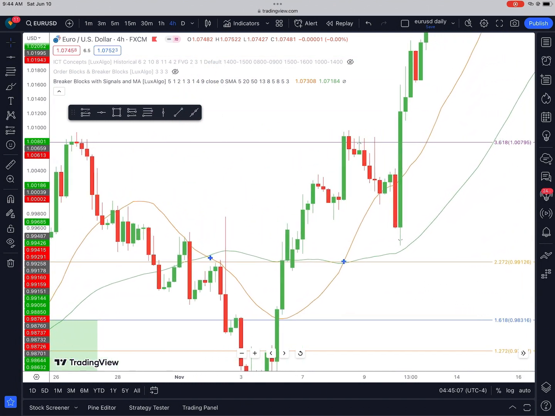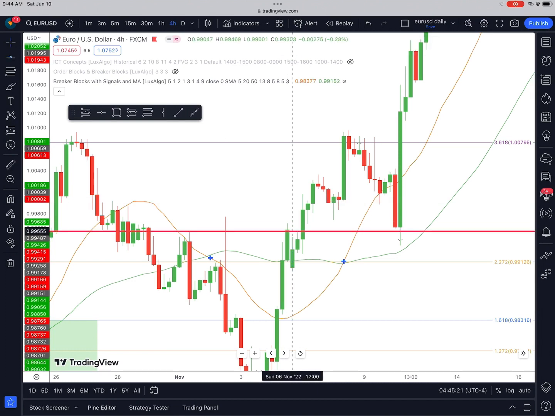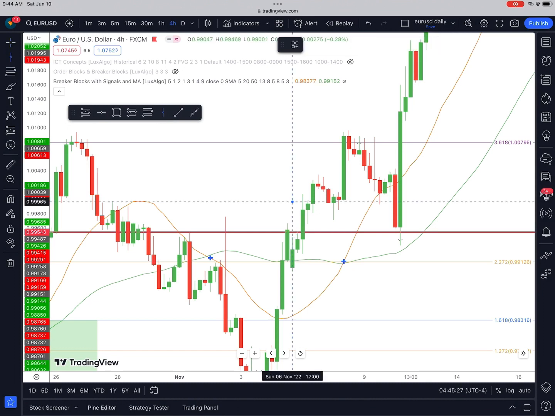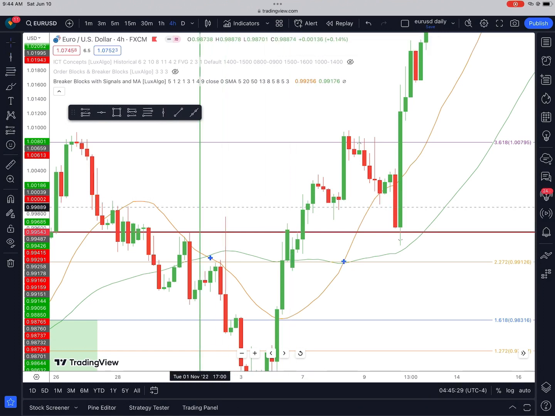So let's get rid of it now that you've seen the candle. We have our entry here, and we wait for price to cross down because it's going down. As you can see, we have our cross.